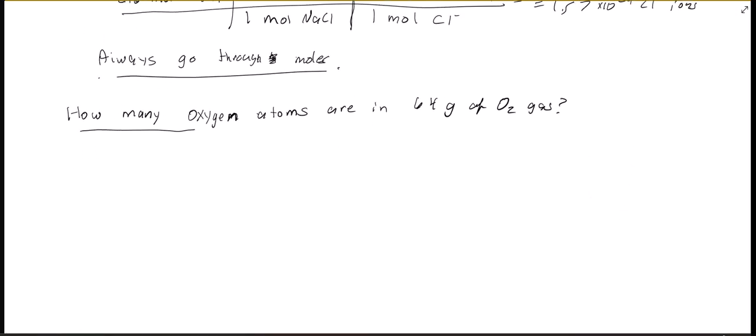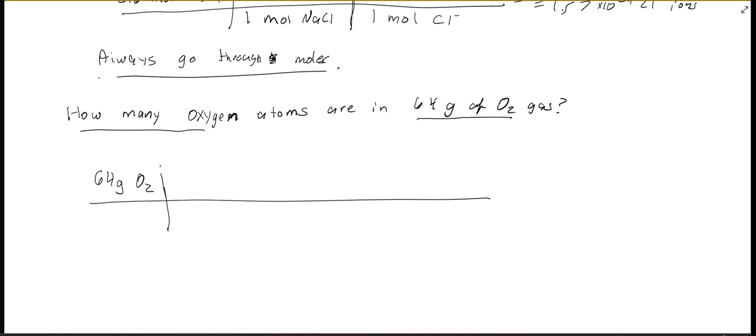You always start with what you're given, 64 grams O2 gas. Now, what I just said is you always have to go through moles. So to change from grams to moles, you use the molecular weight. So 1 mole of O2, you look up oxygen on the periodic table, it's 16, so O2 is 32 grams of O2.